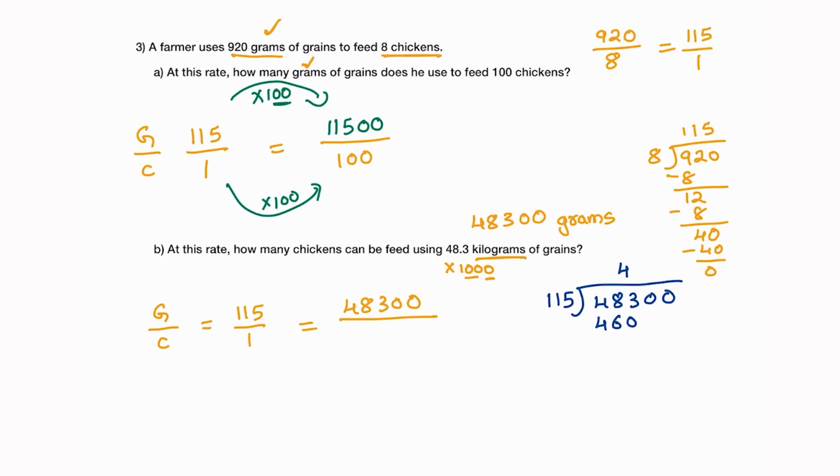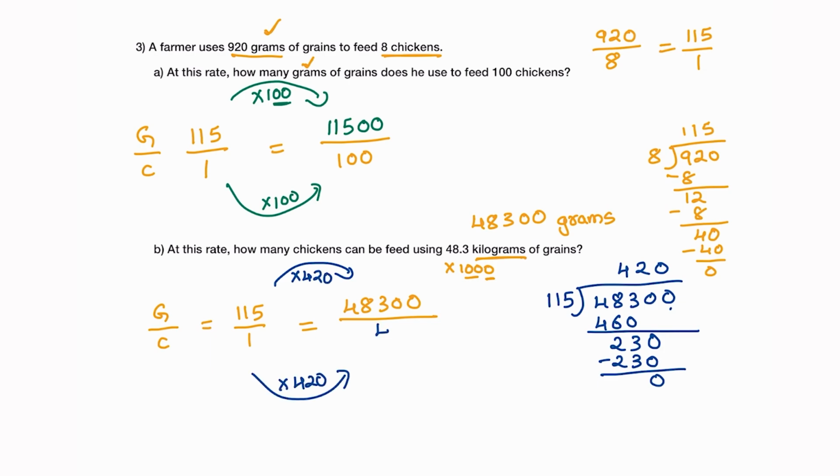So this becomes 460. That's 3 and that's 2. We get this 0 down. 115 times 2 exactly, because 100 and 100 is 200. 15 and 15 is 30. So that's times 2. 230, that's 0, and this 0 we take it here, right? So that's times 420. So we do the same thing here, times 420. So the answer is 420.